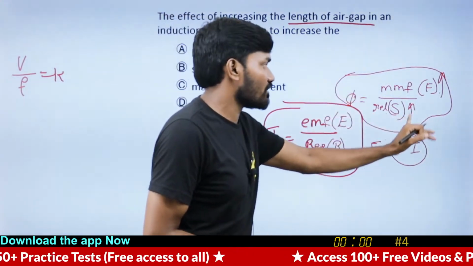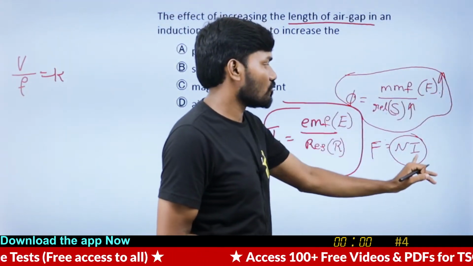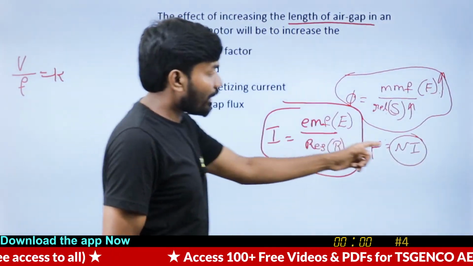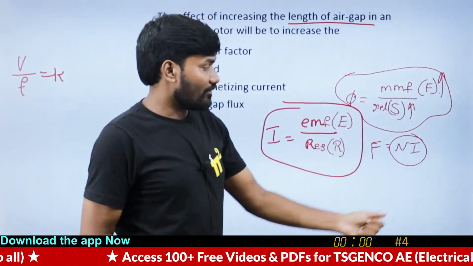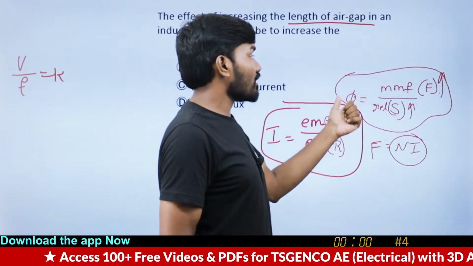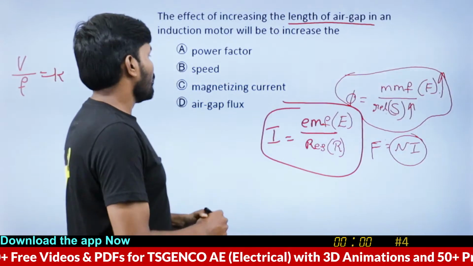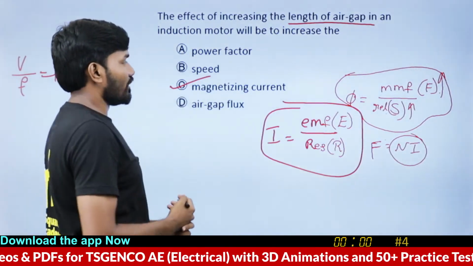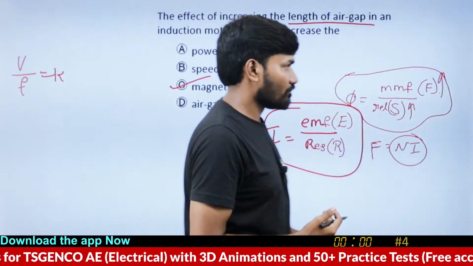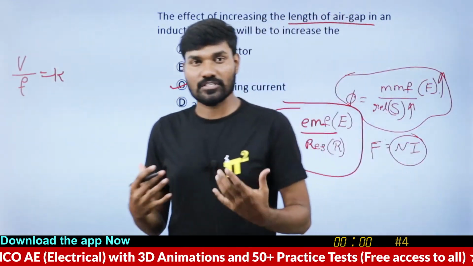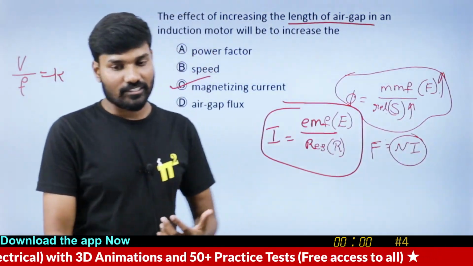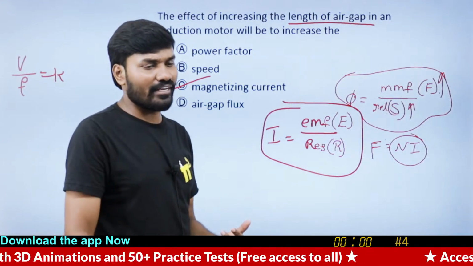To maintain flux constant, if this is increasing, this has to increase. So for that, it will draw high current. Which current? This current is responsible for increasing the flux. So hence it is called a magnetizing current because it helps in magnetizing. Okay, so magnetizing current, the lovely name.